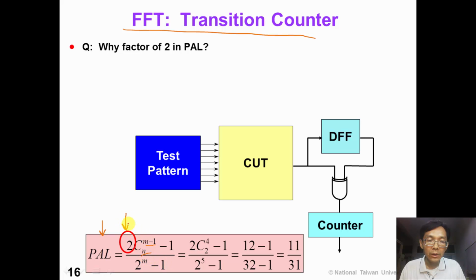There is a factor of 2 here. Can you tell me why there is a factor of 2? I can give you a hint. Please consider the polarity of transition.